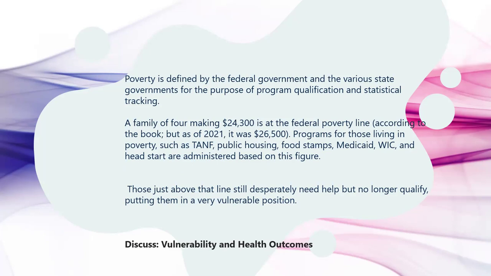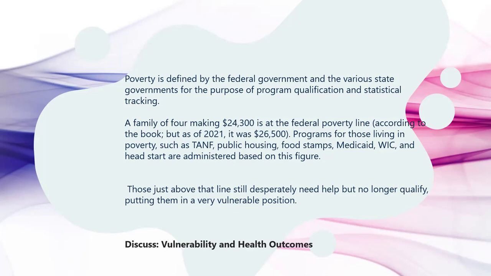Poverty is defined by the federal government and the various state governments based on whatever their qualifications. For example, a family of 4 making this amount may qualify for these resources. Those just above that line still desperately need help, but no longer qualify.